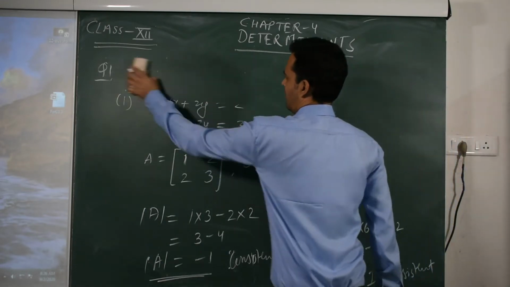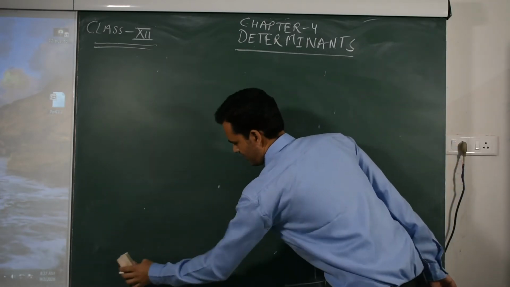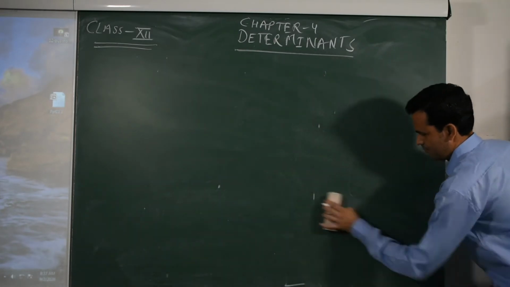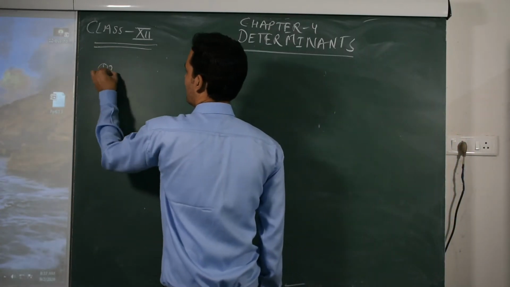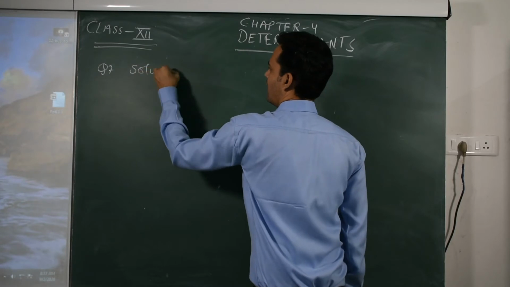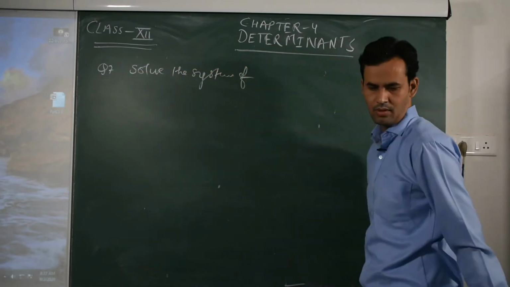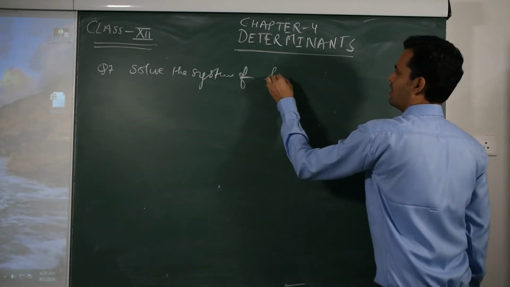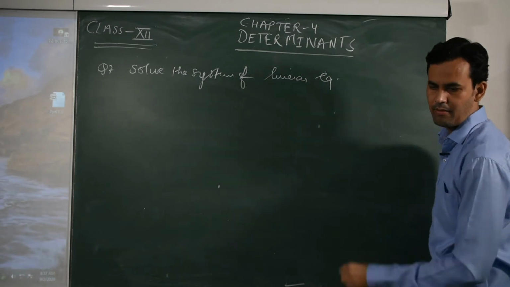So by this method you can solve more questions. Now question number 7 of exercise 4.6. Solve the system of linear equations by matrix method.